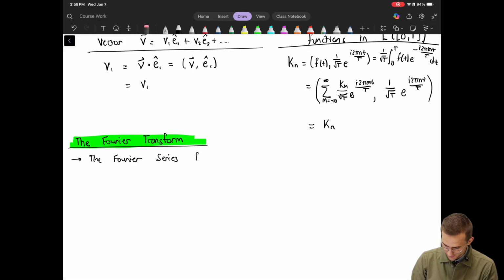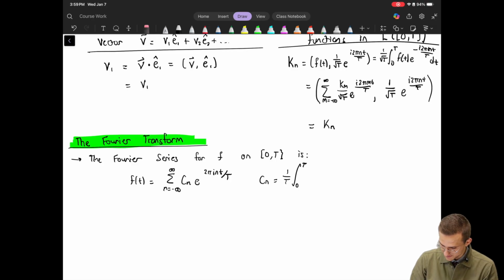So the Fourier series for f on the interval 0 to t is f of t equals the sum over all n from negative infinity to infinity of cn e to the 2 pi int over t. And then those coefficients cn are equal to 1 over t times the integral from 0 to t of f of t e to the minus 2 pi int over t dt. Okay?